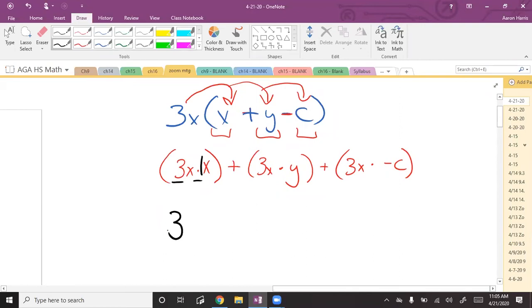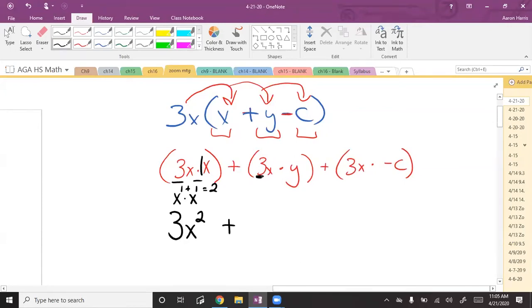When we multiply variables that are the same variable, what do we do with the powers? We add them. So 1 plus 1 is what? 2. So I get 3x what? X squared.